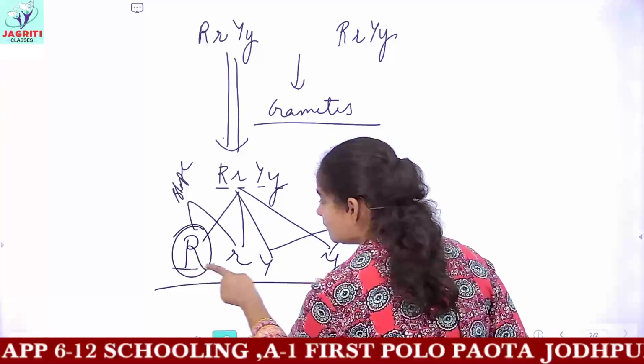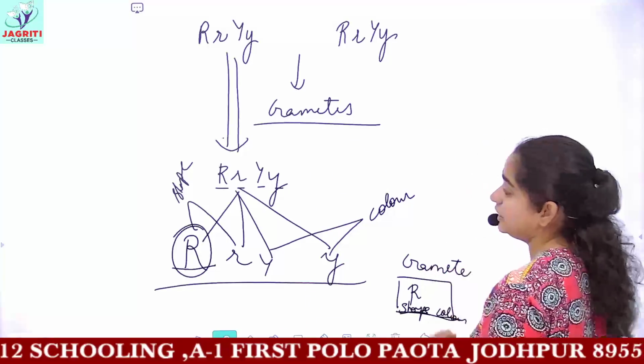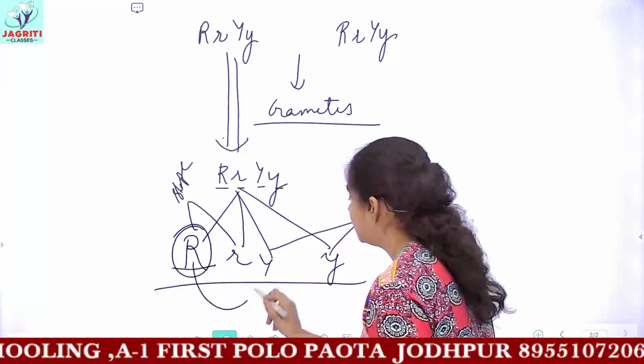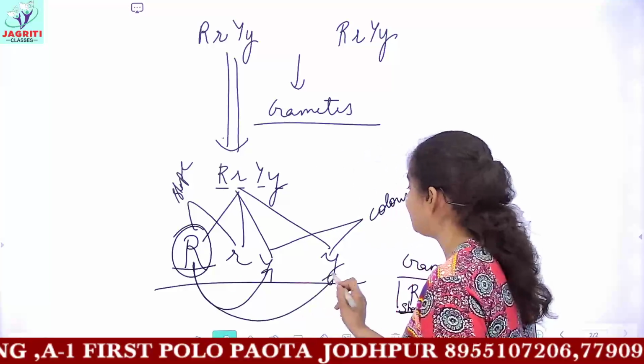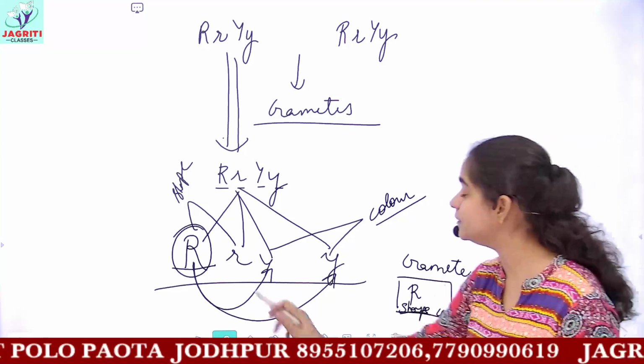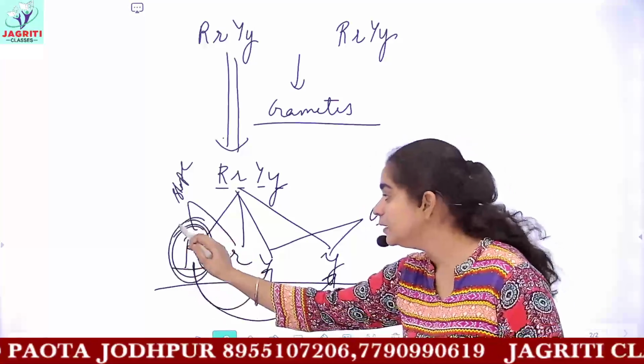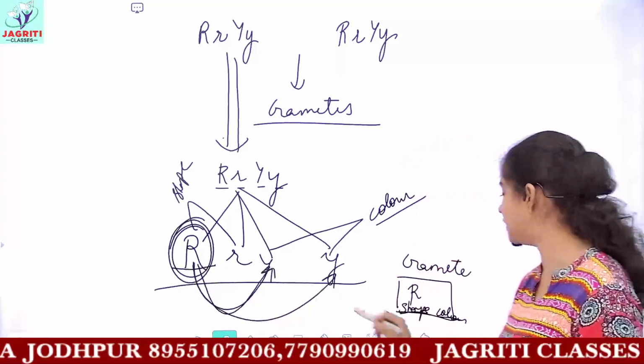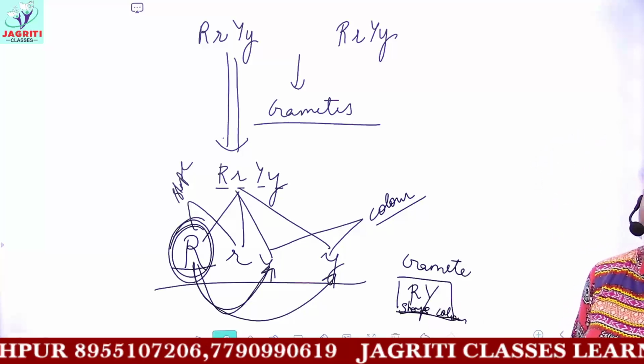Now if I take capital R in my gamete, then I can take either small y or capital Y, which is responsible for color. So in the first gamete, I am combining this capital R with capital Y. So this would be the first gamete.